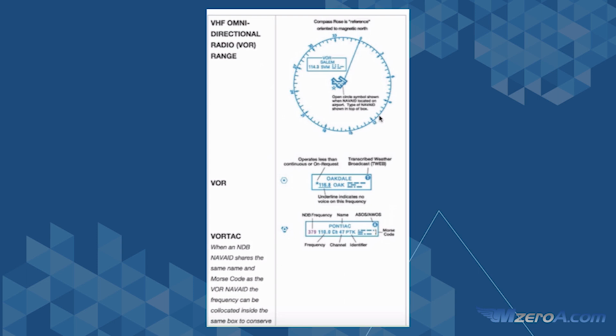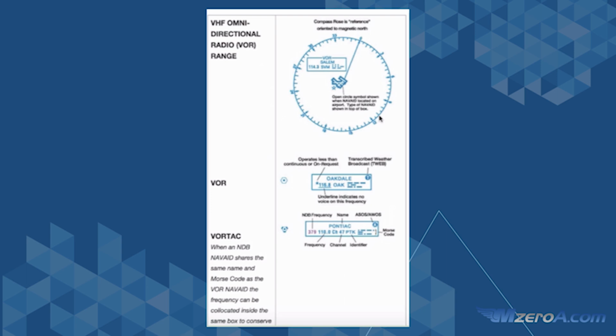The actual VOR itself kind of looks like a hex bolt, as you can see. And if they have distance measuring equipment, DME, they have that hex bolt in the box as well. Now, if it's considered a VORTAC, which is essentially an old military VOR, the symbol is shaped kind of more like a Roman shield in a way.